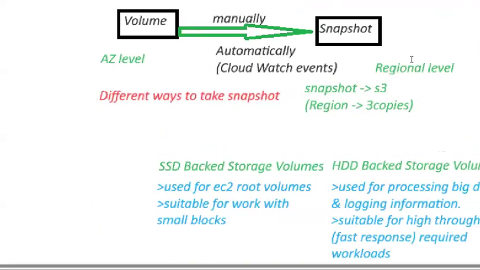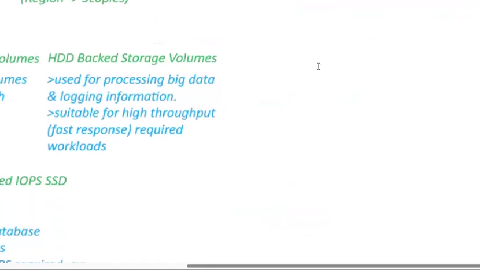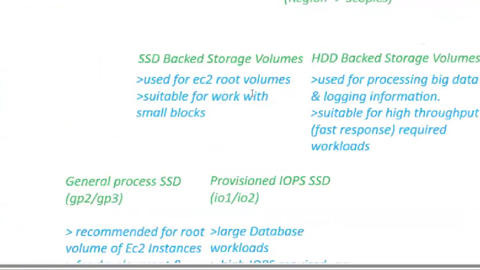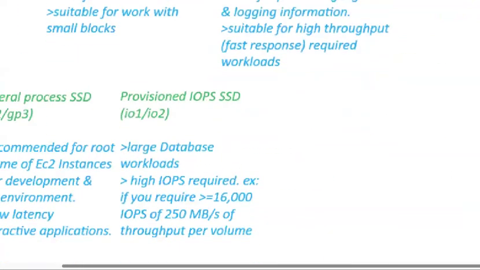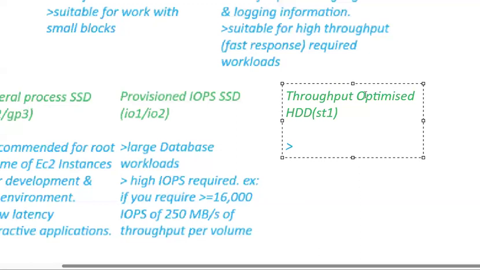Now, let's see the categories which come under HDD backed volumes. These are again classified into two types. The first one is throughput optimized HDD. You use this throughput optimized HDD volume whenever you are expecting a fast response, that is nothing but you are expecting fast throughput.